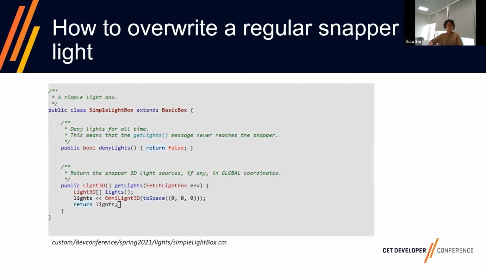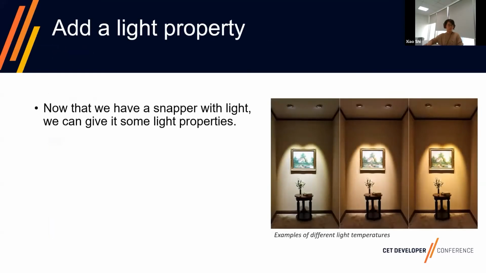For example, if you buy lights in real life, you want different temperatures: for a bedroom you want some yellowish light, and for your office you want it to be more bluish.